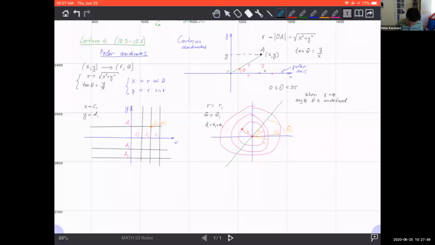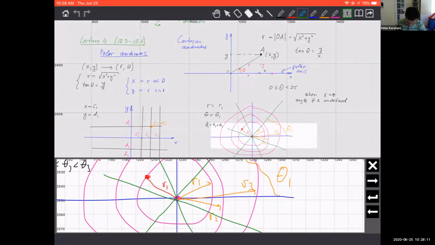Then they would go like this. I just drew 3 random rays, right? So yeah. Good.